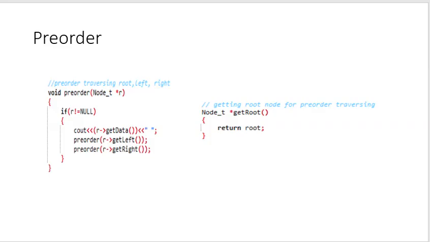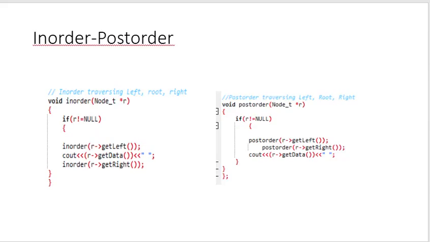Now for in order, we have left, root and then right. For this we also create a pointer r, and it will give us data until r is equal to null, meaning until it covers all the nodes.